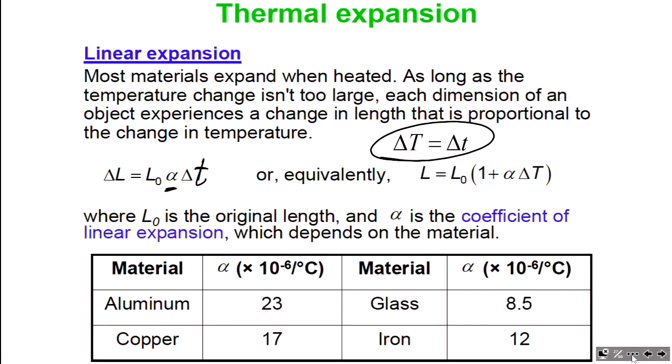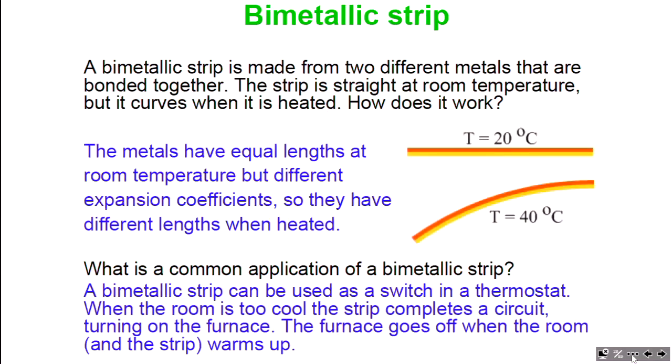Now, this is a very common demonstration. When we heat up a single metal, because the coefficient of linear expansion has an exponent of -6, it's very, very difficult to measure.